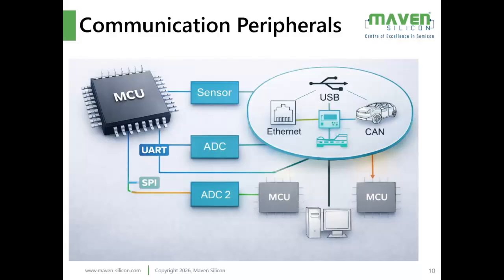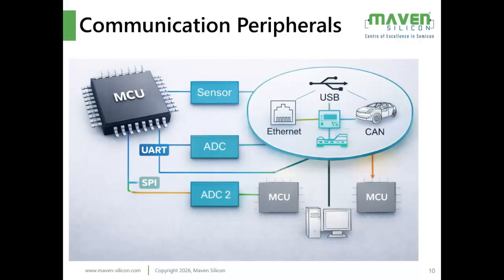MCUs can talk to a sensor. There are many sensors which can read the analog data, convert it into digital format and transmit it to your microcontroller by using either SPI or I2C. Similarly, an MCU can utilize UART to send serial data to your PC, so that you can read it using any serial software like a Teraterm or a RealTerm.